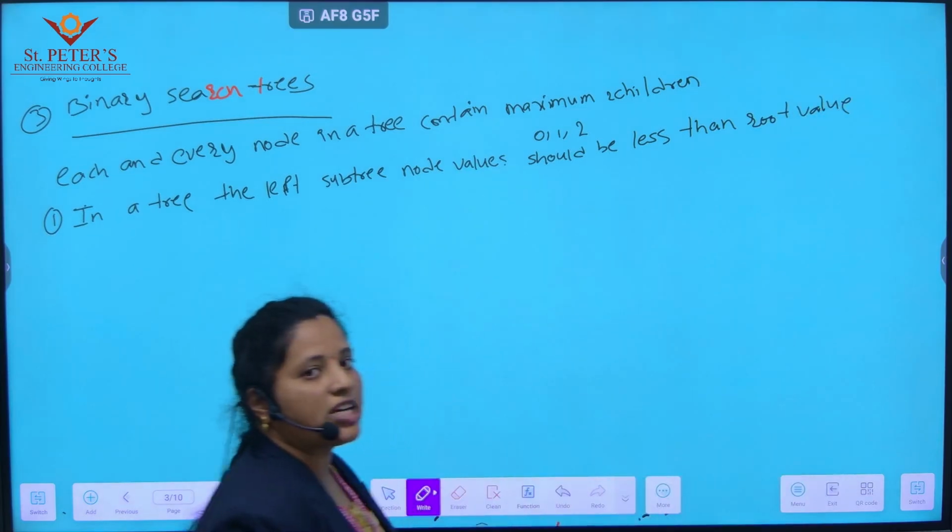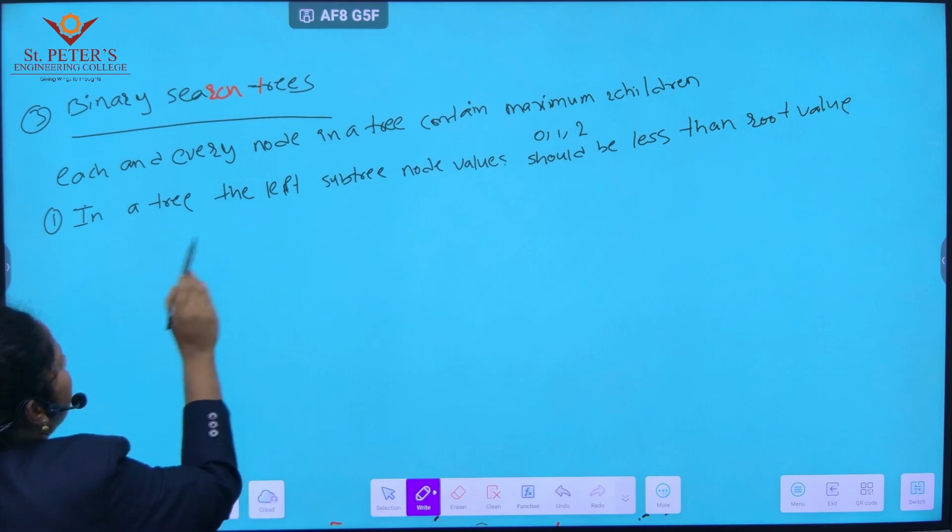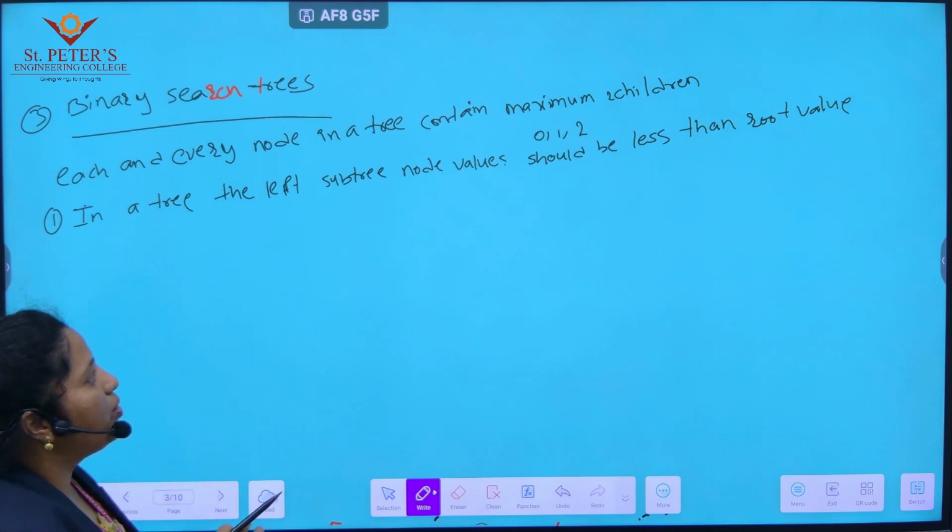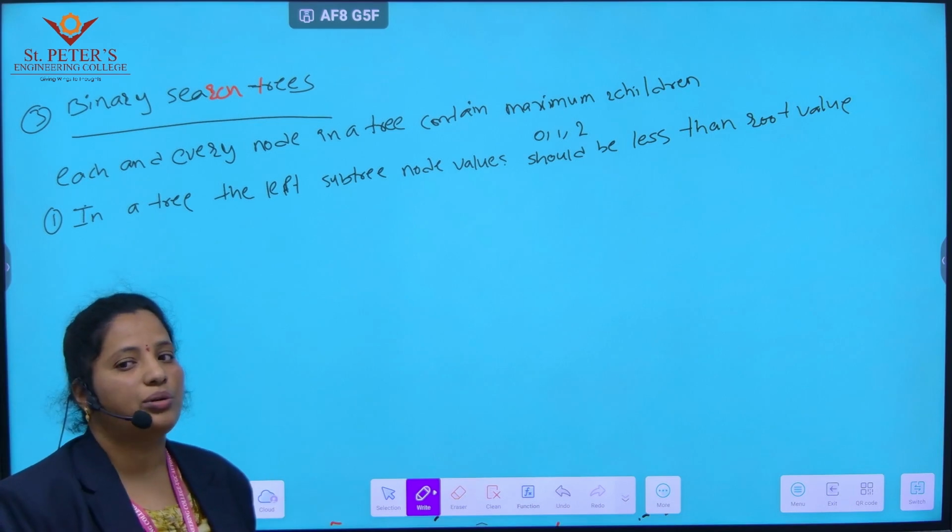This is the first statement. So in a tree, the left subtree node value should be less than the root value.